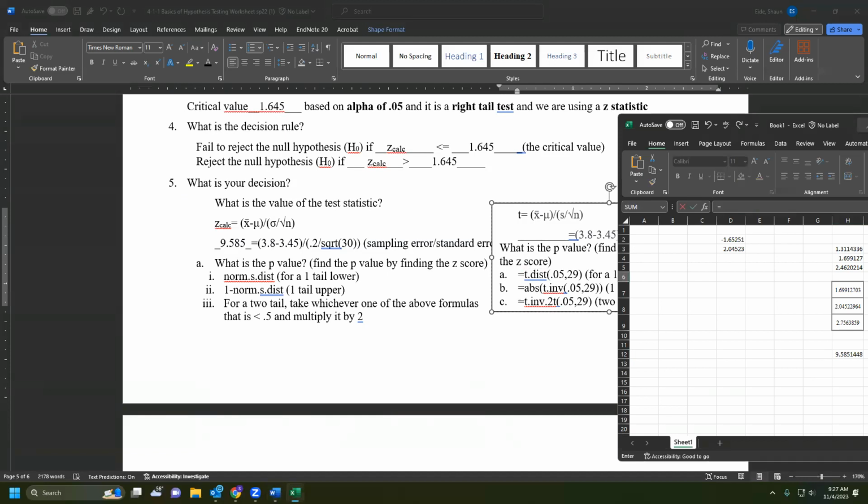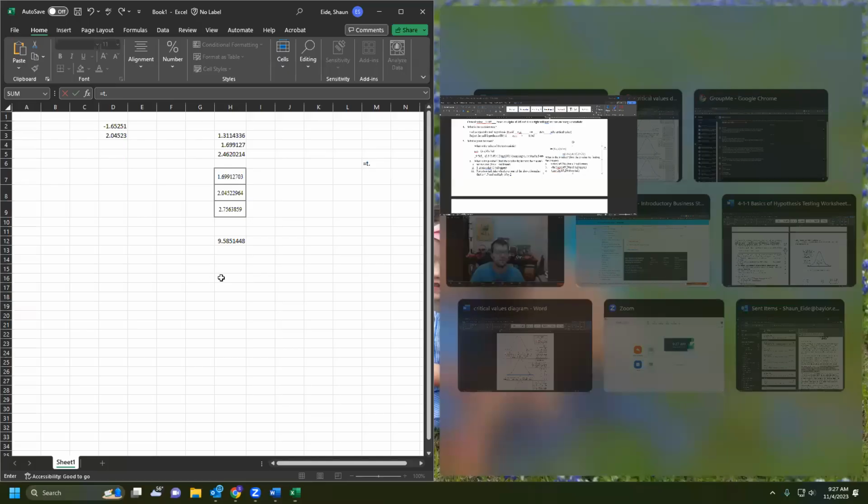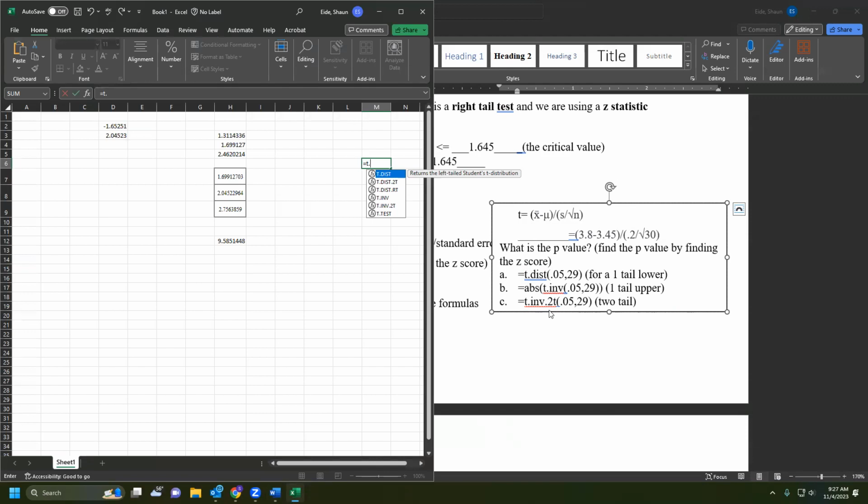Let me show you how to do this really quick with t dot dist. What I had in there was for calculating the critical values. So equals t dot dist, and then you put the z value in of 9.585. Then you put the degrees of freedom, 29, and then you put true. Okay, and that right there is for an upper tail.